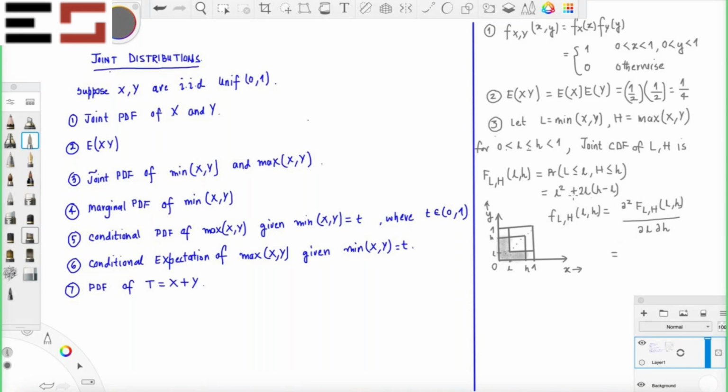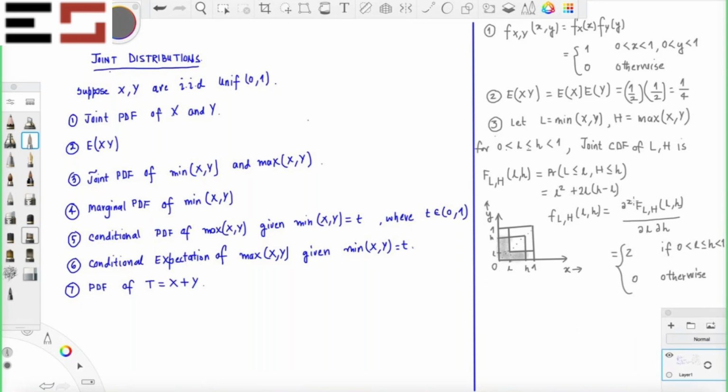So let's take its derivative with respect to L and then with respect to H. We are going to get 2. Is that okay? Yes or no? Do you agree we are going to get this?